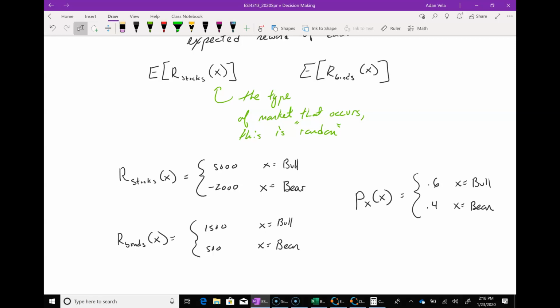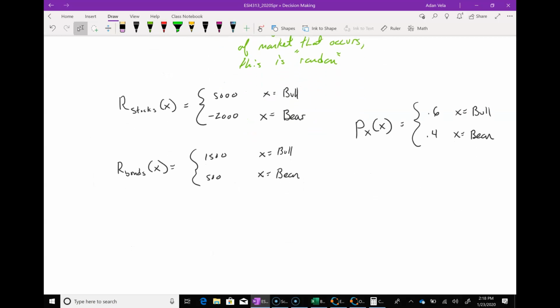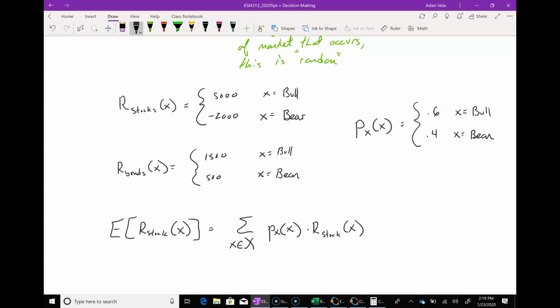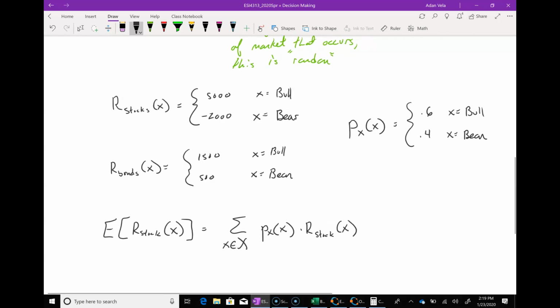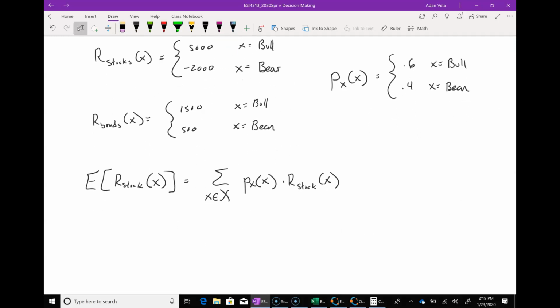Okay. So again, our goal is to calculate the expected reward. And so we can just start by writing down, well, what's the equation for that? Well, it's given by, normally, remember, the sum over x in the set of all x of the probability of x times whatever our reward function is of x. So we can actually start filling out some of these options so they make a little more sense.